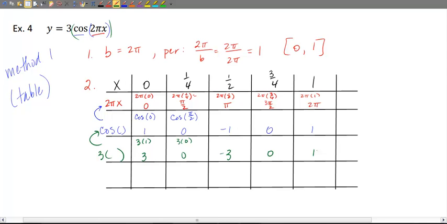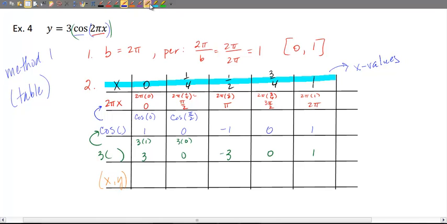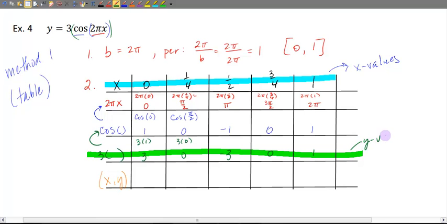Now what did that tell me? What this ended up telling me is the ordered pairs. I can plot points now based on the top row here, which gives me my x values, the values along the x-axis, as well as the final row after we evaluated the entire function. These are the y values.